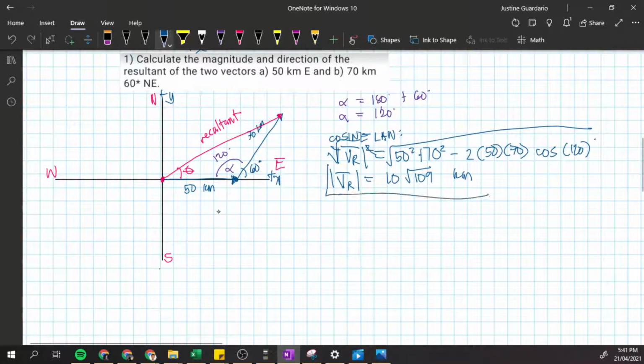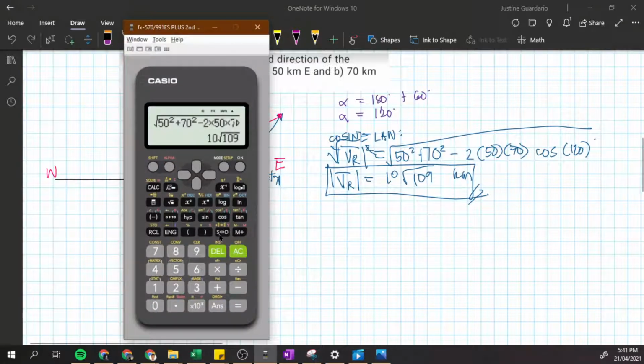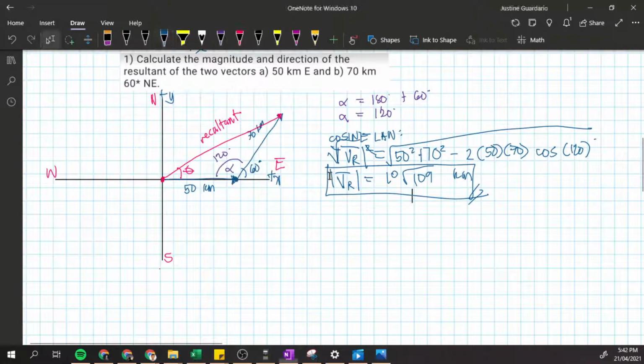Therefore, ito na yung magnitude natin. Or if we want to express that into decimal, that is equal to 104.4307. So, ito na yung sagot. In-express ko lang siyang ganito kasi gagamitin ko pa yan sa susunod.